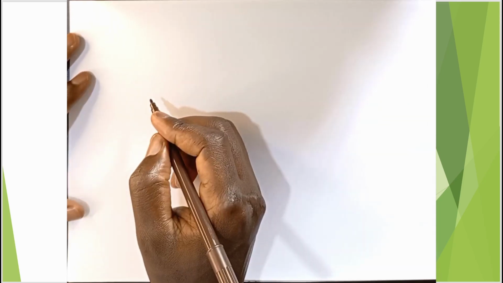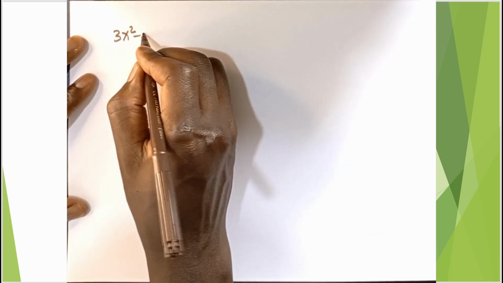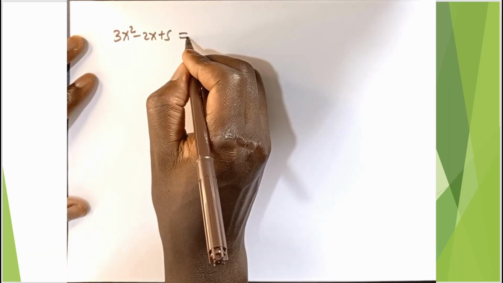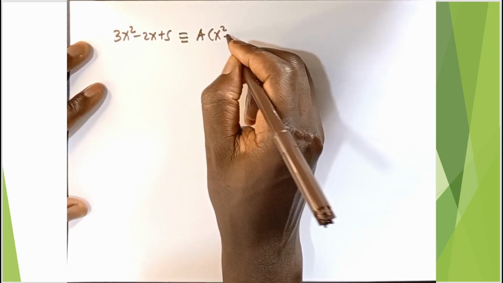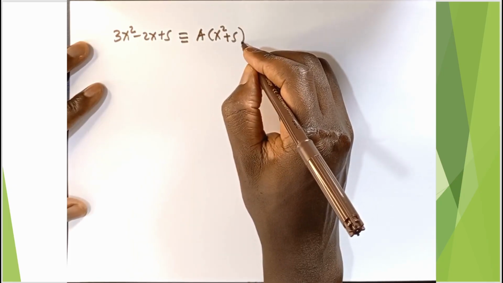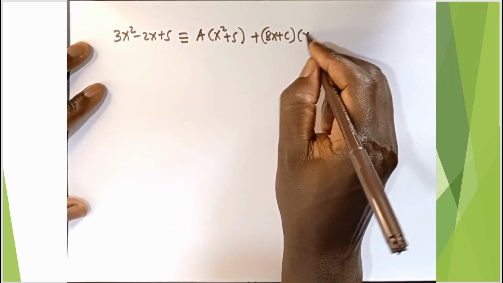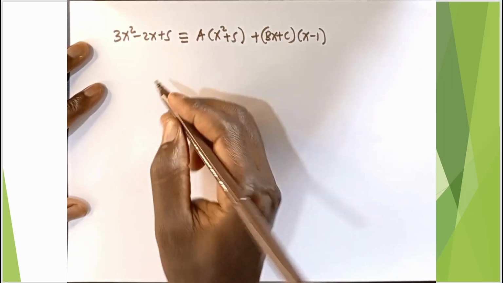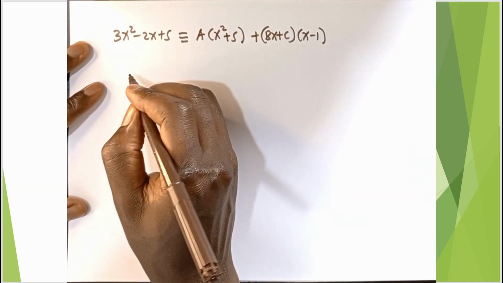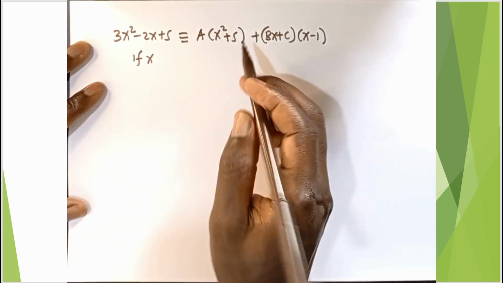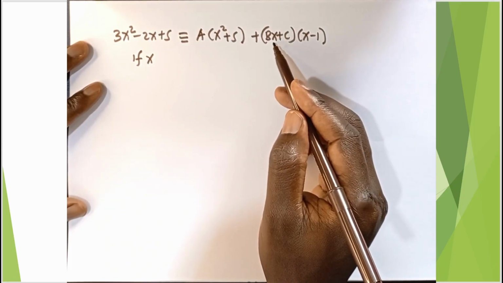So rewriting it, we have 3x squared minus 2x plus 5 identically equal to A into x squared plus 5, plus bx plus c into x minus 1, and we got A as 1. Now we look for another value of x. I want to get c, but I can make b 0.